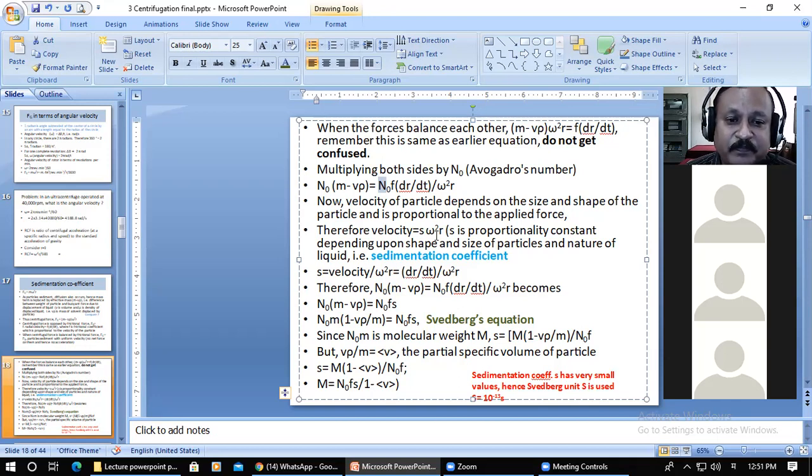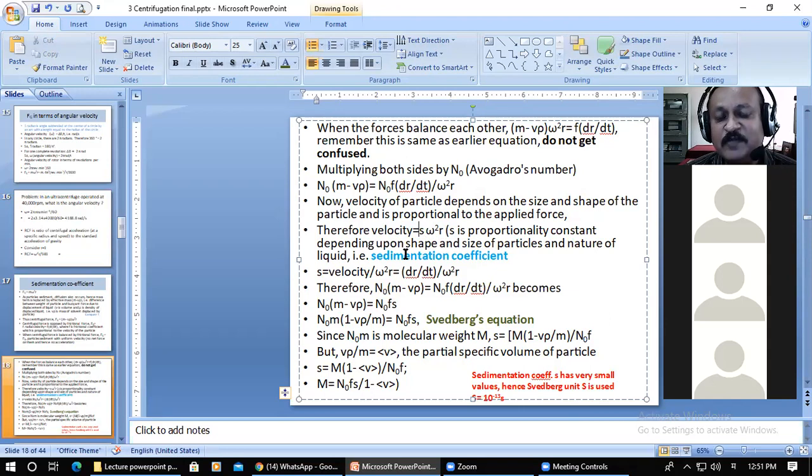Therefore I am going to write this term velocity not as just equal to ω²r, but I am adding this particular constant here, s. Velocity is equal to s into ω²r, and this s is the proportionality constant here, and that constant depends upon the size and shape of the particles. So I'm accounting for the size and shape of the particles, which earlier we have not considered.